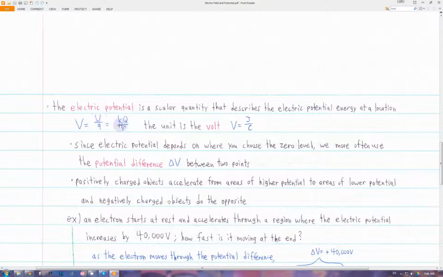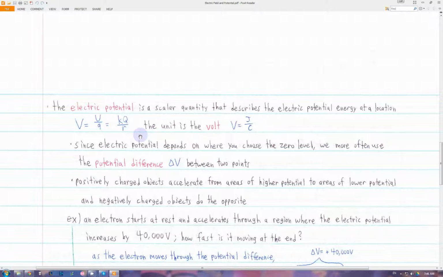And the unit of electric potential is joules per coulomb, which is called the volt. And electric potential depends on where you choose the zero level, because electric potential energy depends on where you choose the zero level.